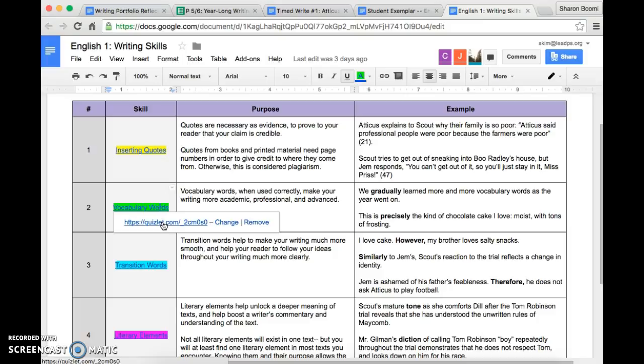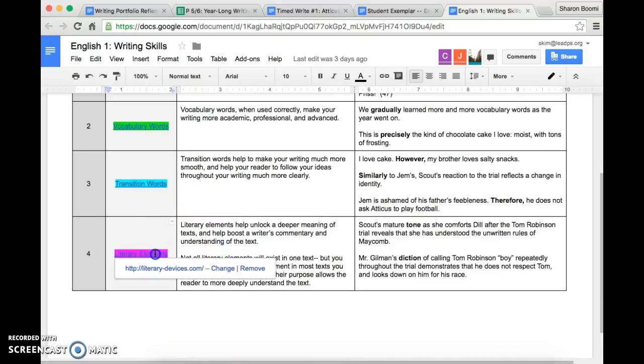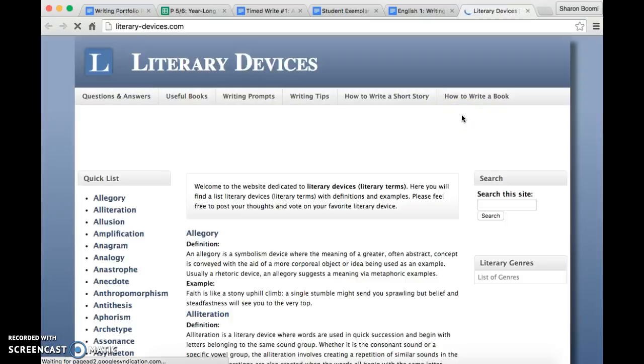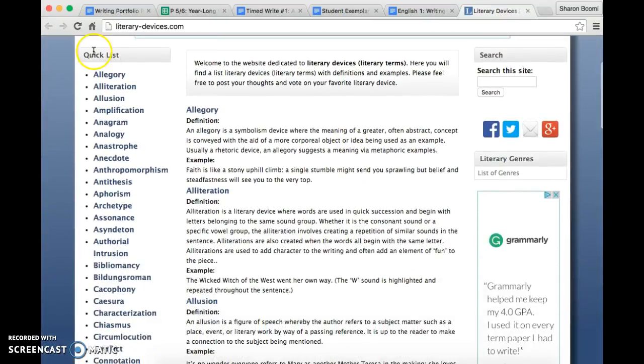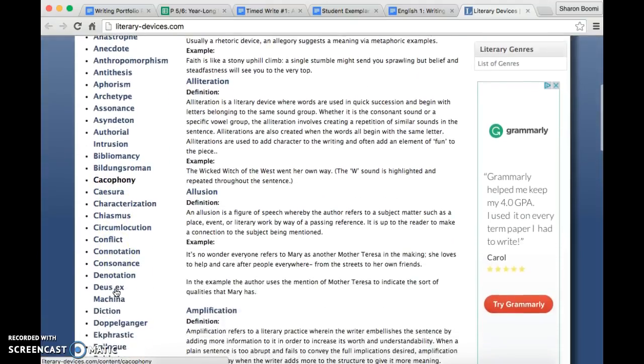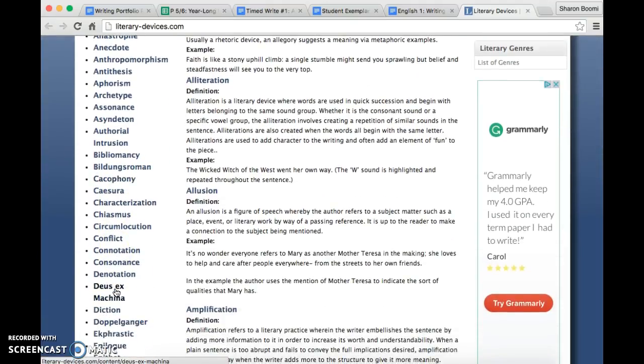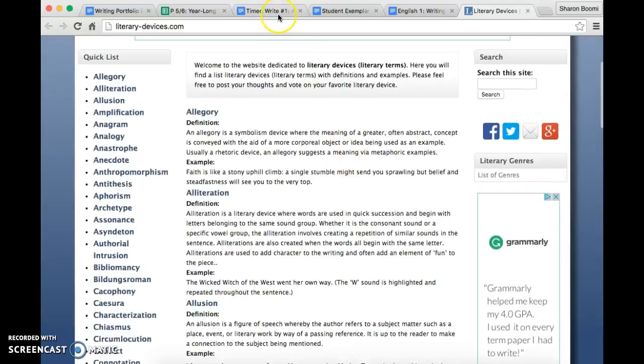If you want to insert a vocabulary word, but you don't know which one would fit best, you should look over there. And literary elements. So if you want to insert a literary element, but you don't know which would be the best fit, you should look here. Obviously, this list has way more than the ones that we learned, but you're only responsible for the ones on the back wall, the key terms.